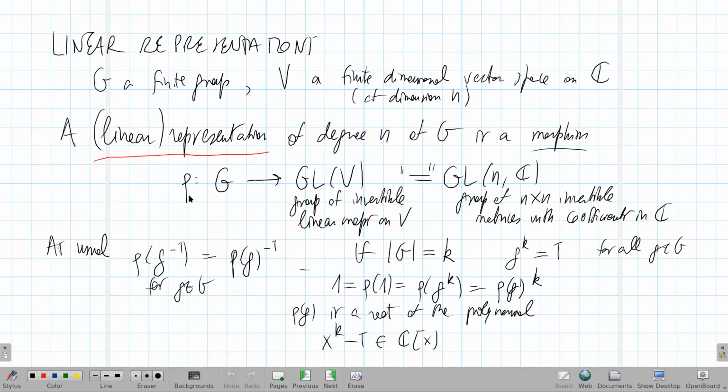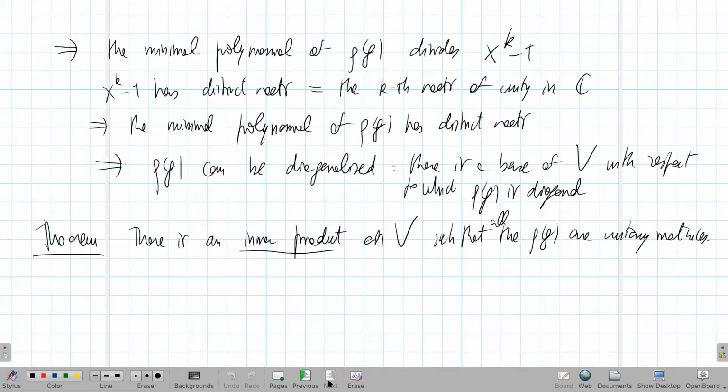A representation is a morphism rho from G to the group of linear maps. But by choosing a suitable basis, you may assume that you are going into the unitary group, the group of unitary matrices. And this is an important restriction. Why is this important? Because this allows us to give easy proofs of facts by using geometry, by using the inner product, okay?